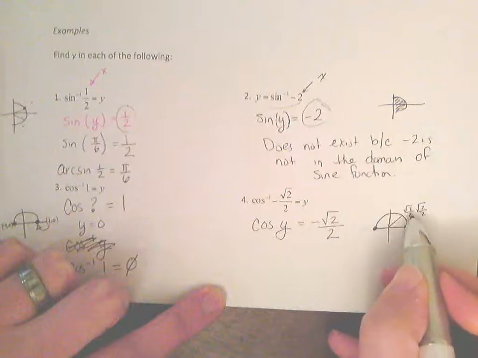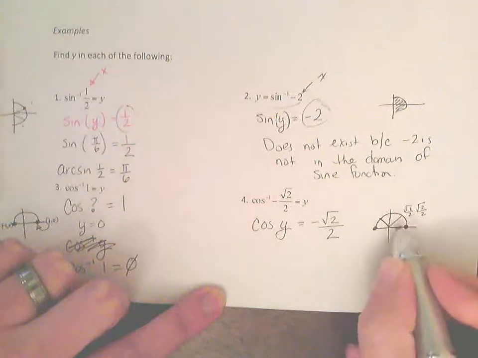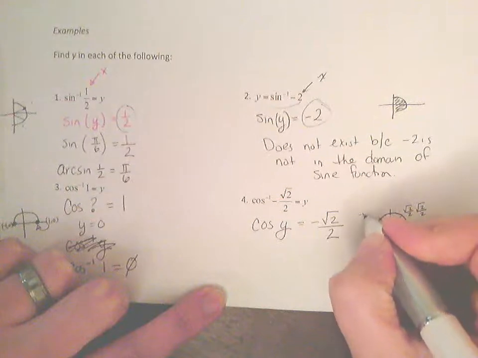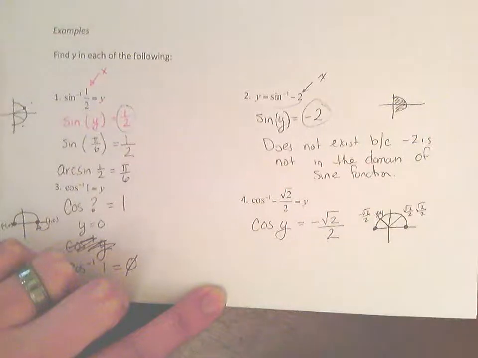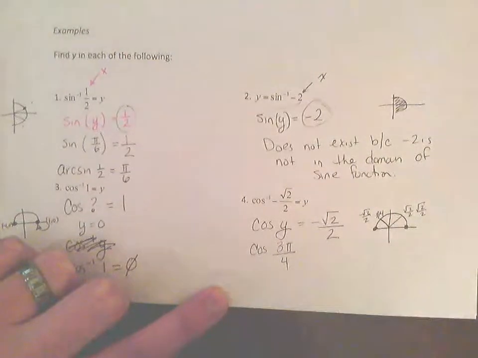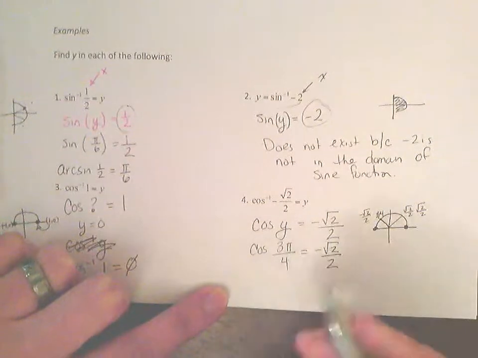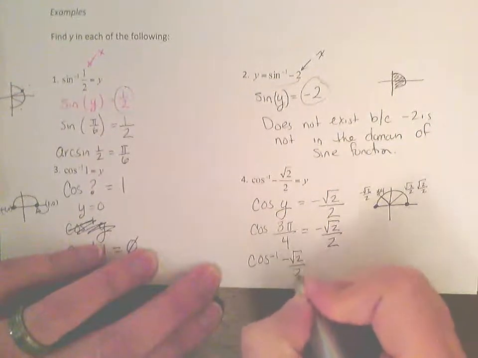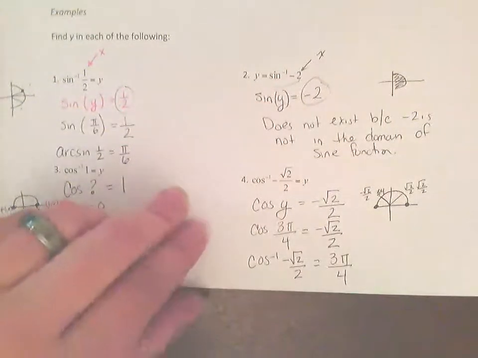But here, cosine is negative, so obviously it's going to be in this area right here, which is 3 pi over 4. I know that's very small. So cosine of 3 pi over 4 is equal to negative square root of 2 over 2. So the way we write our final answer is inverse cosine of negative square root of 2 over 2 is equal to 3 pi over 4.